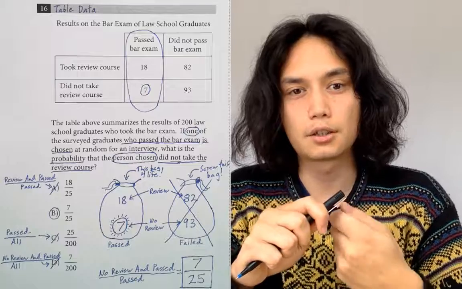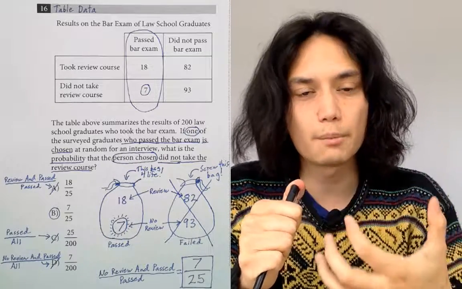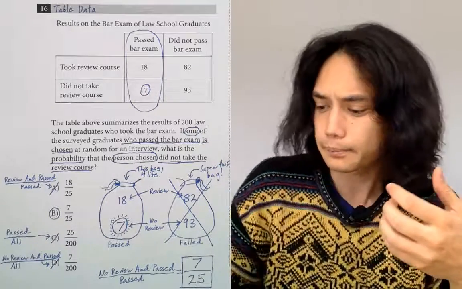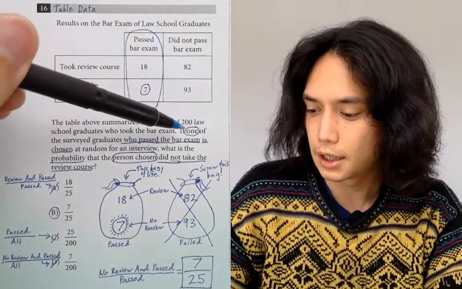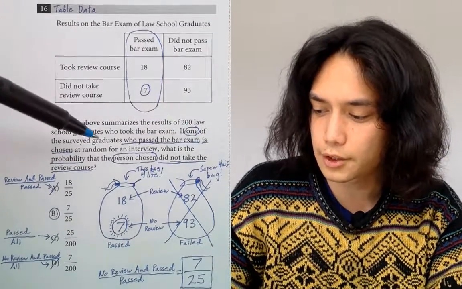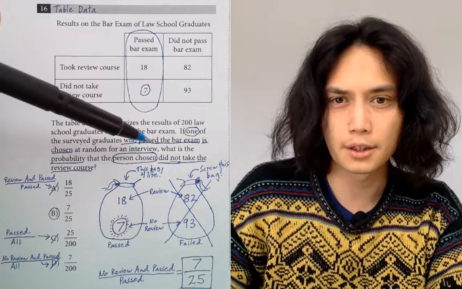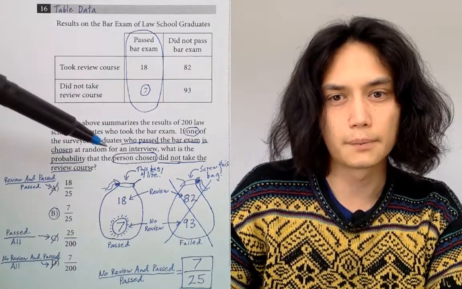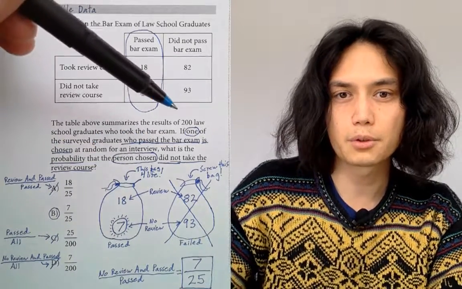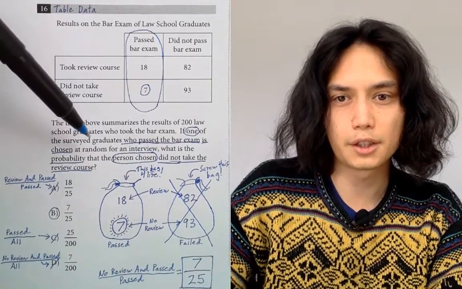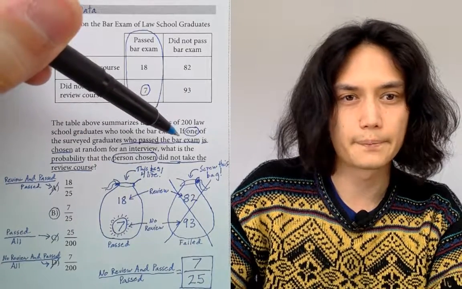The English language sentence will often say we're choosing from this pool of people at random. And here in this sentence, that's what's happening right here. If one of the surveyed graduates who passed the bar exam is chosen at random. So here the pool from which we're choosing is the surveyed graduates who passed the bar exam.